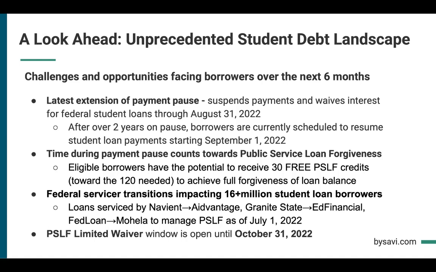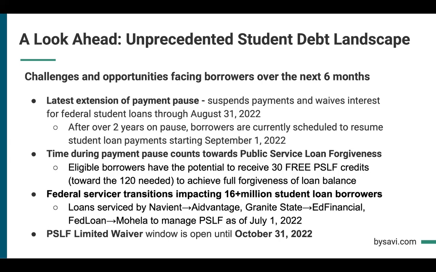Now, I've found many people are either misinformed or confused about this and have sometimes actually opted to continue making payments during this time because they thought they needed to, and that's not the case. And you can actually apply to have a refund of any payments you made during that period of time.